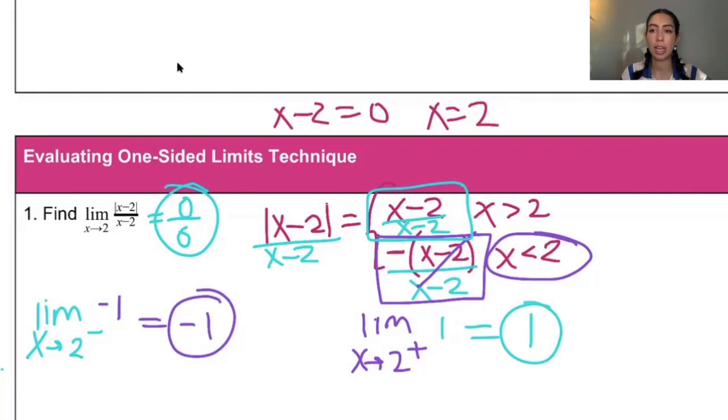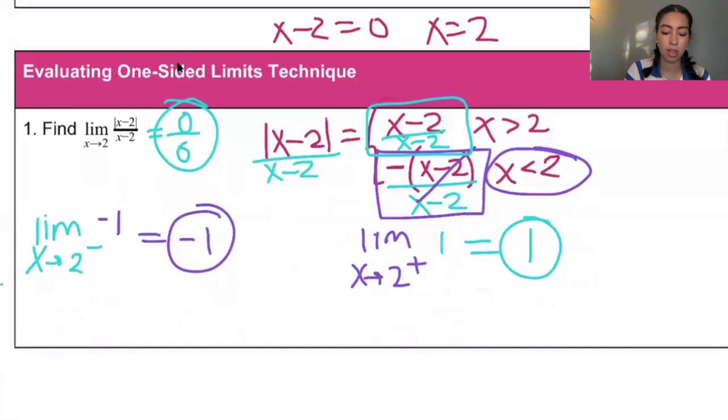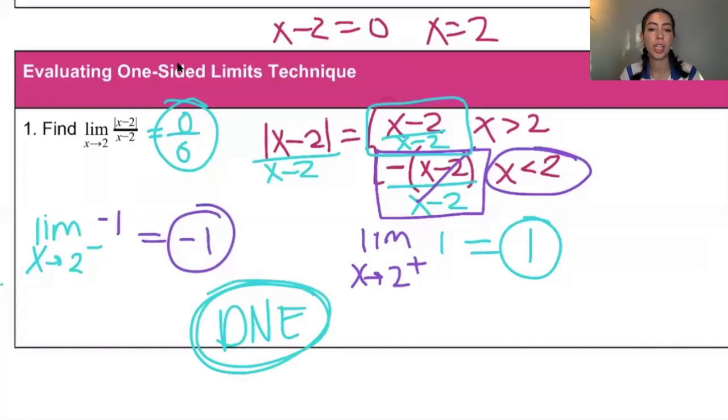We have a negative 1 on the left and a positive 1 on the right. So remember, if we're trying to find the total limit, if they don't match up, then the limit does not exist. So for this example, we've shown that the left and the right do not match up, so the limit of this problem does not exist.